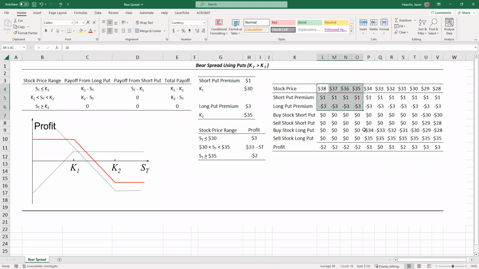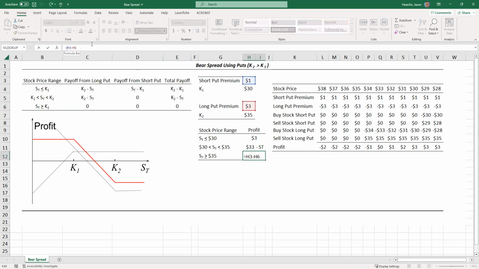So then we just have the last piece here. What happens when the stock price is greater than or equal to 35? So we're talking about this range here, 35 or greater. Notice I'll say -2. And why is this -2? Let's play it out. Here it tells you that there is no payoff, 0, if the stock price is above, but we still have the premiums.